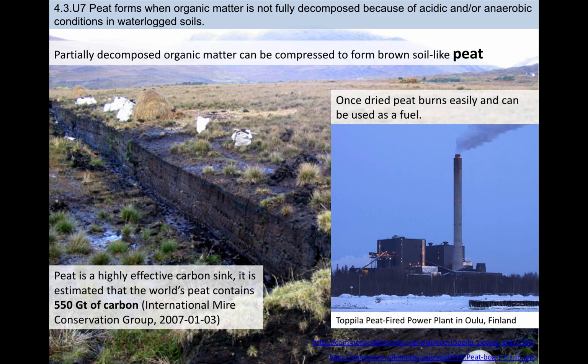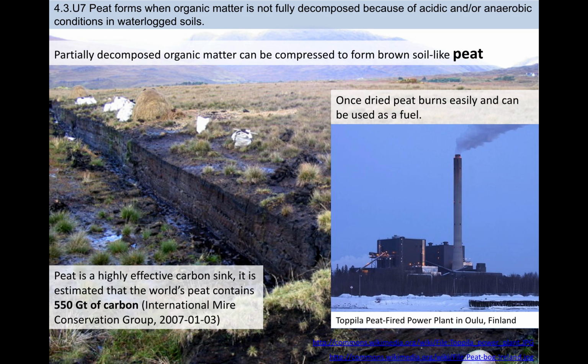Waterlogged means like swampy soil, so it has a lot of water in it, but the water is not moving, and that's reducing the amount of oxygen in that area, and that reduces what types of bacteria can actually break it down. So because nothing's there to fully break it down, it's going to break down very slowly, and over time it compresses into this material called peat. And peat eventually is what we would call coal.